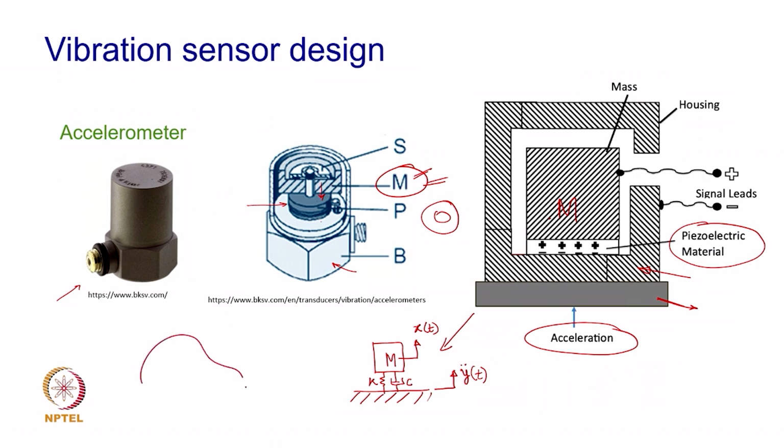You may assume that you have put this accelerometer onto complex machinery, and you want to know the vibration response of this machinery. You may put this accelerometer on the engine, on the compressors, or any other machinery.